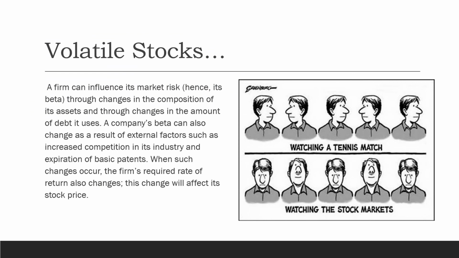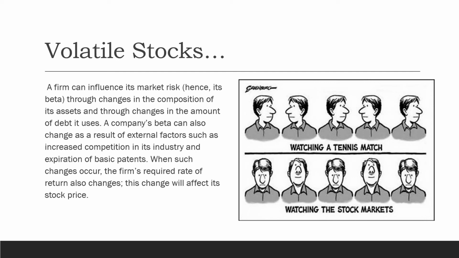Volatile stocks. Now, the beta value is a coefficient that determines the volatility of a stock. A firm can influence its own stock value by its own choices, but we won't want to get into that because it becomes an ethical concern. There are legal ways to do it, and there are questionable ways to do it.